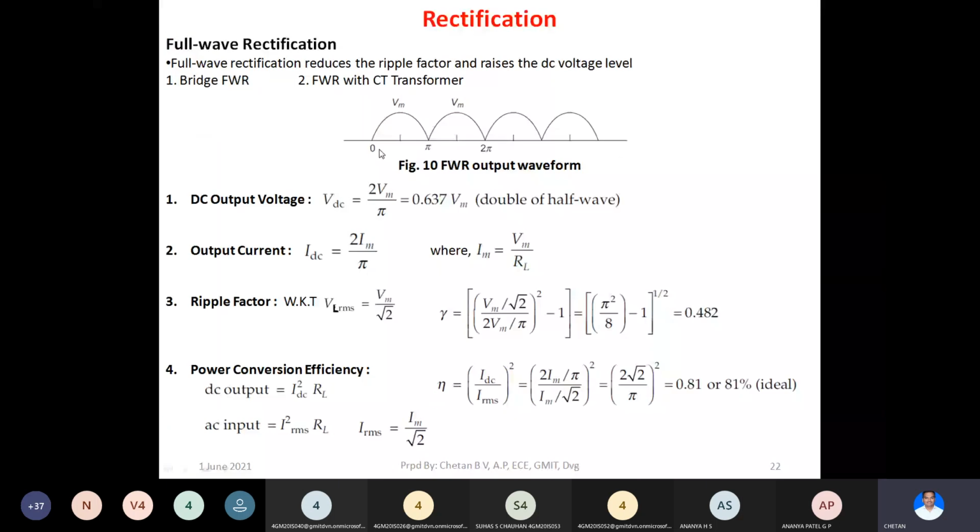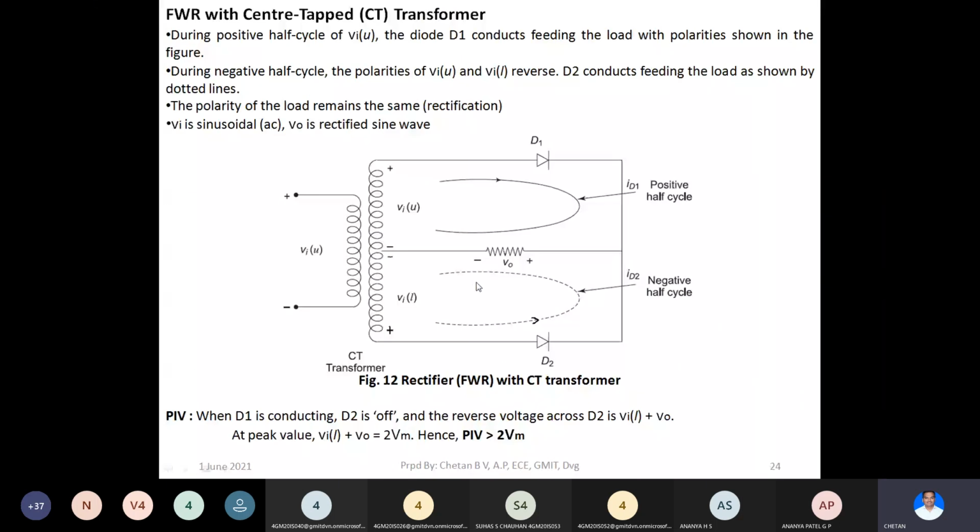During negative half cycle, the terminals of the center tap secondary will be reversed. So during negative half cycle, this will become negative and this will become positive. Therefore, D1 will be reverse biased. For D2, this terminal becomes positive of the secondary and this terminal will be negative.